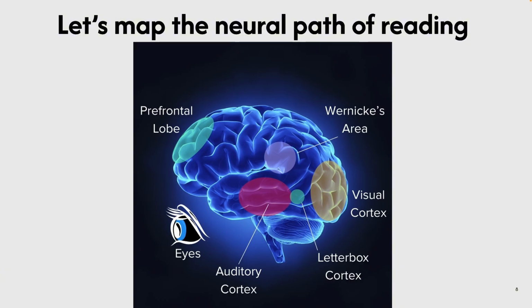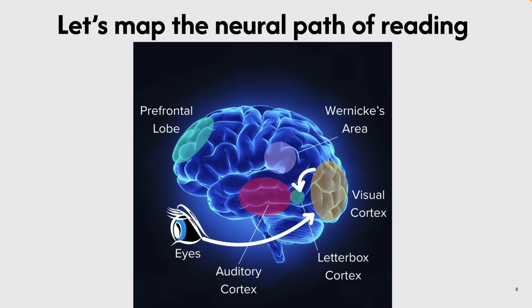So what does reading look like in the brain? Well, we know it starts in the eyes, doesn't it? And the eyes transmit images to the visual cortex through the optic nerves. So the visual cortex is recognizing the letters on the page. The visual cortex passes that information to the letterbox cortex. And the letterbox cortex does something very clever.